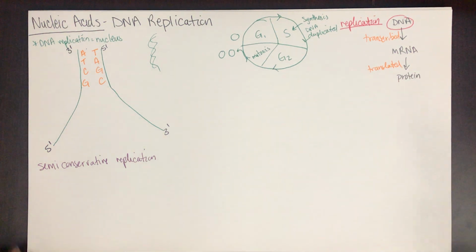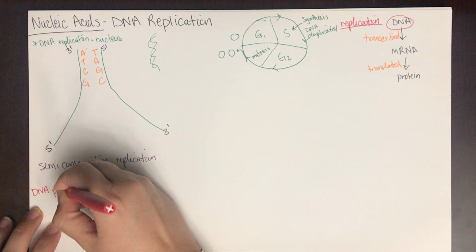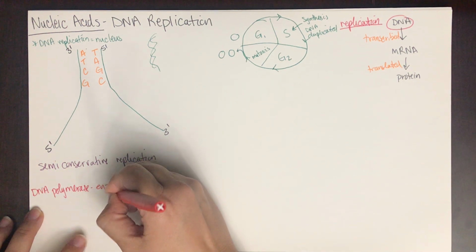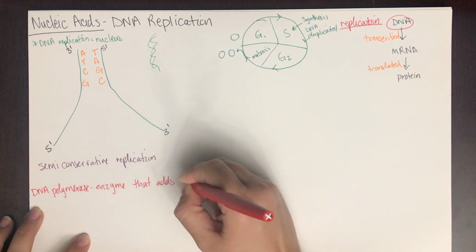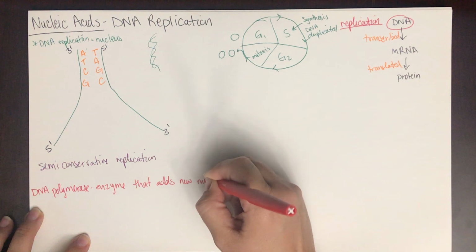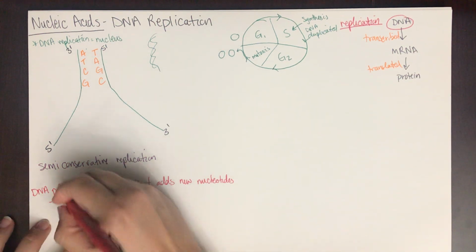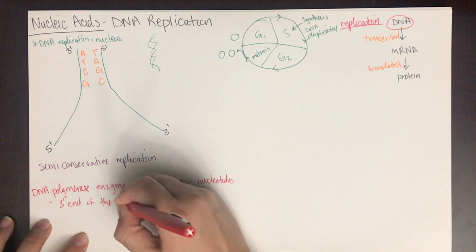I'll just go ahead and write this now and we'll come back to it. DNA polymerase, which is the enzyme that adds new nucleotides, can only add to the 3' end of the growing chain.